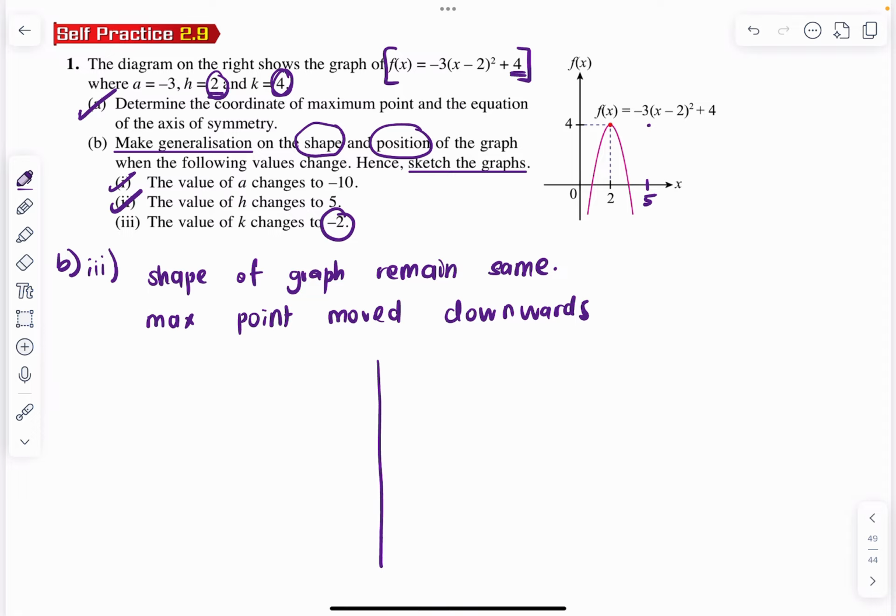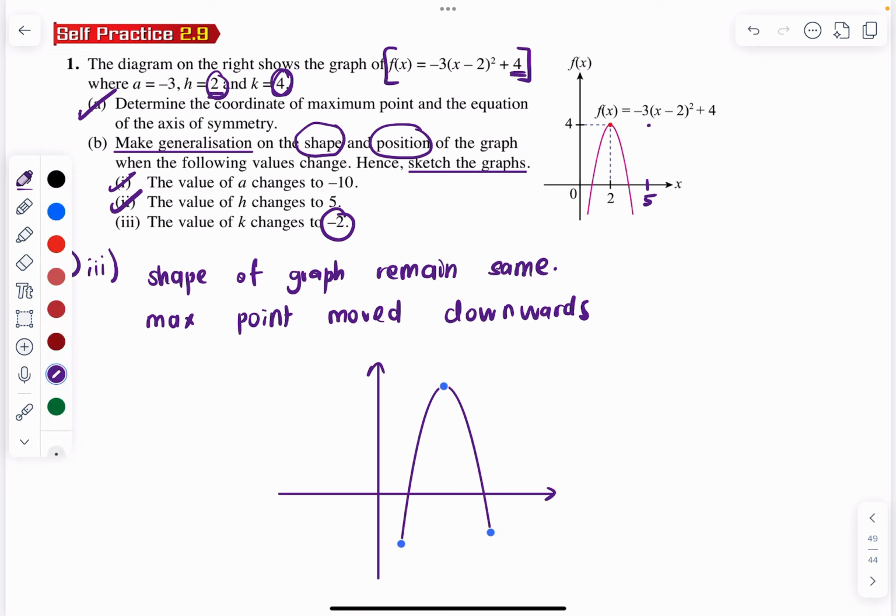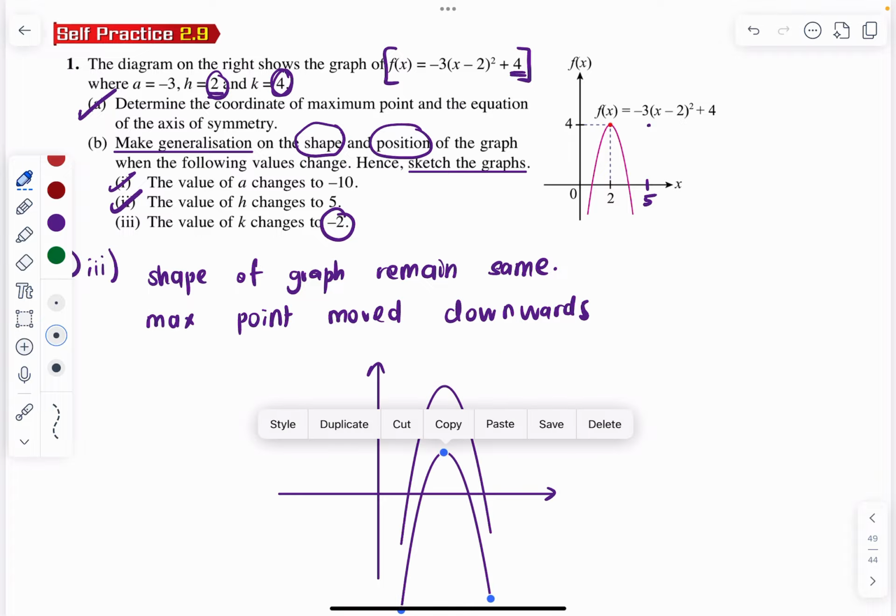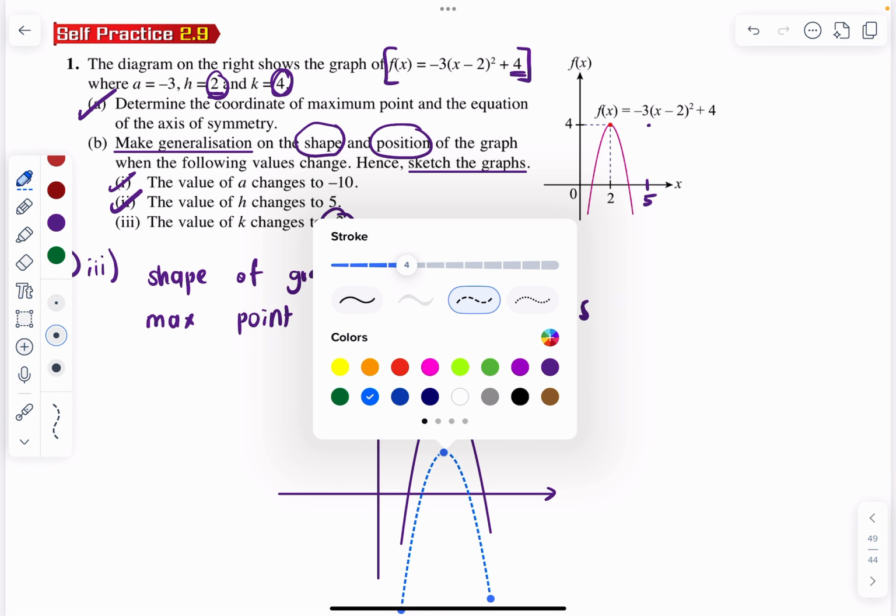Okay, let's sketch it. So our original graph was somewhere here, and our new graph, let's draw it in blue, dotted. Oh, actually, you know what? I can duplicate this. Our new graph has moved down. Okay.